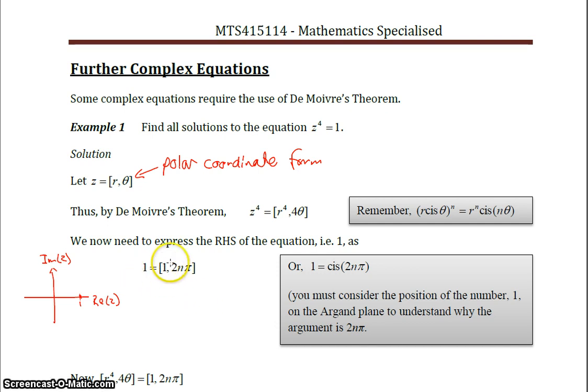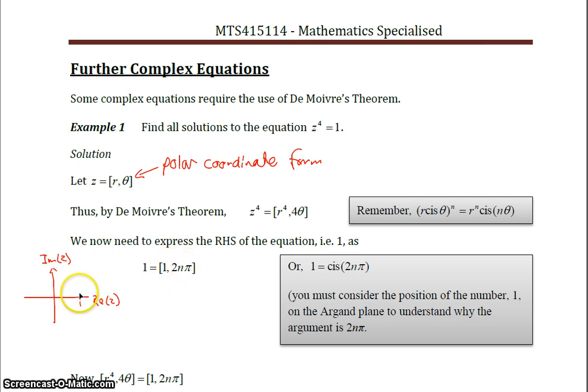So that's our modulus 1, but our argument theta can be found as we go round as many times as we like. The basic angle here is going to be 0. If we go around once, then it's going to be 2 pi, in terms of radians, 2 pi or 360 degrees. So if n is 1, it's once around and the angle will be 2 pi.